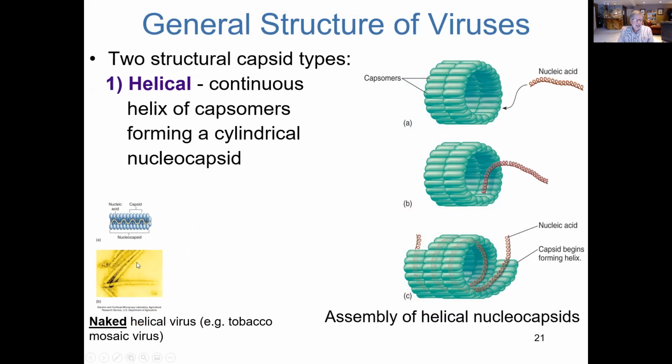Certainly looks to be from an electron microscope. But these long cylindrical structures here, if you could look even closer, they'd be these helical capsomers composing a helical nucleocapsid. And in the very core of each one of these would be a nucleic acid, either DNA or RNA.